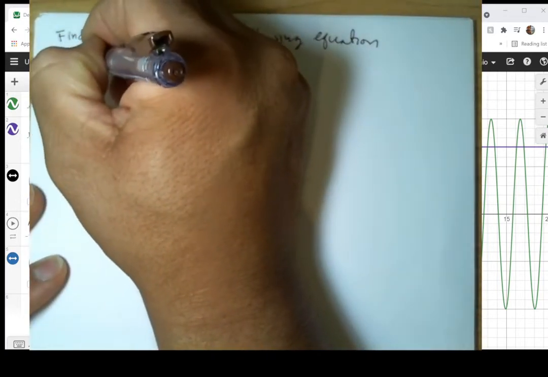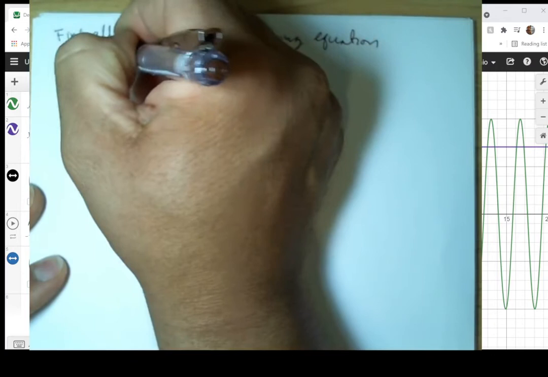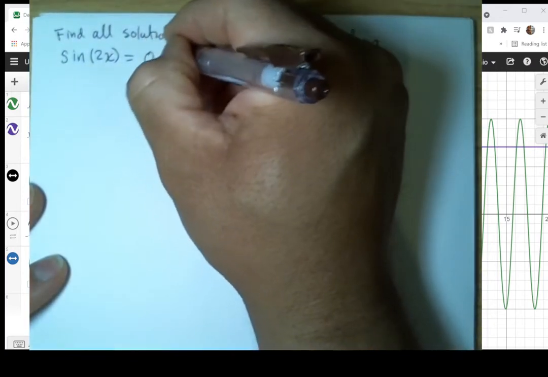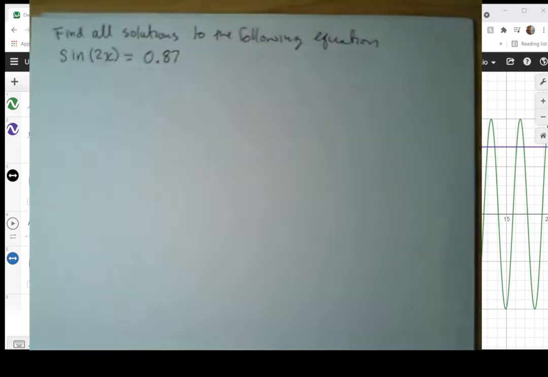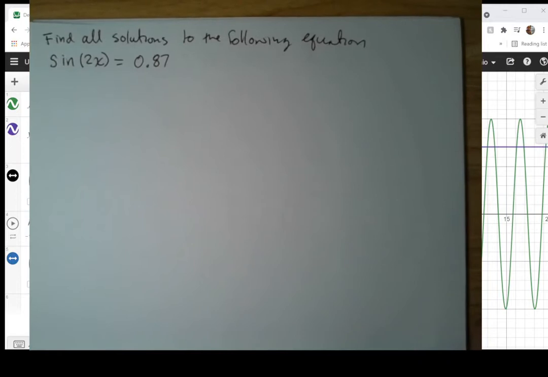Okay, so sine of 2x equals 87 hundredths. Now 87 hundredths is not a value that I find on my unit circle, so I'm going to use my calculator to solve this equation, right?